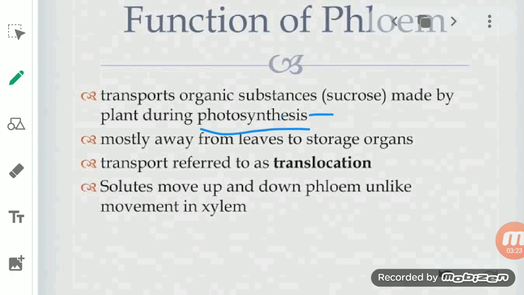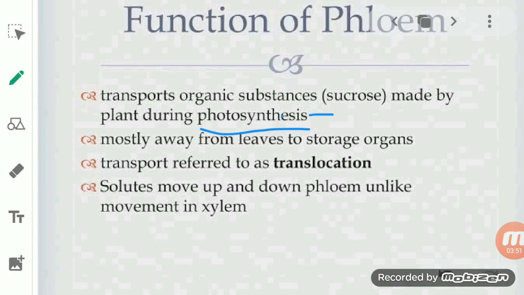Saccharide means sugar. So it is an organic substance, which is called sucrose. So it helps in transporting the starch, the organic substance which is formed during photosynthesis. The second one is, it is mostly away from leaves to the storage organ.